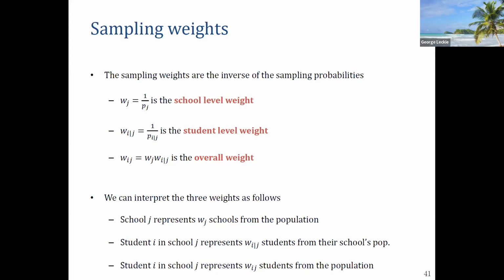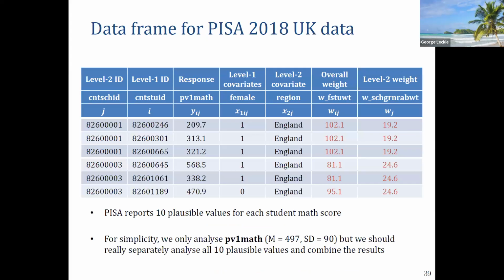W subscript J, as I've written it here in terms of my notation, is the school weight. W subscript IJ is not the conditional weight. That's the overall weight. But we need to derive a new column, W subscript I conditional J. That's the one we want.